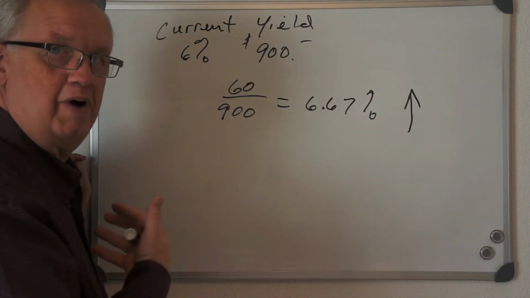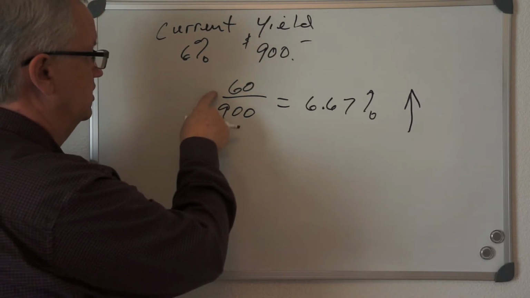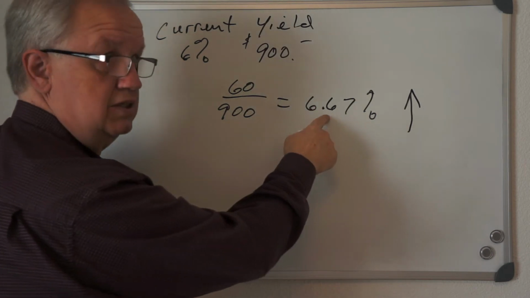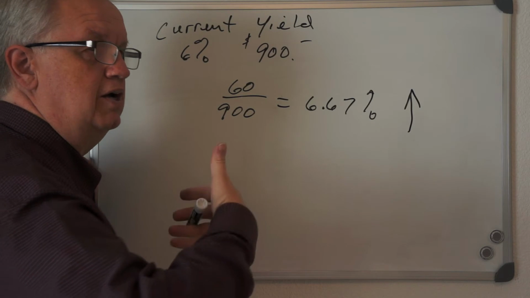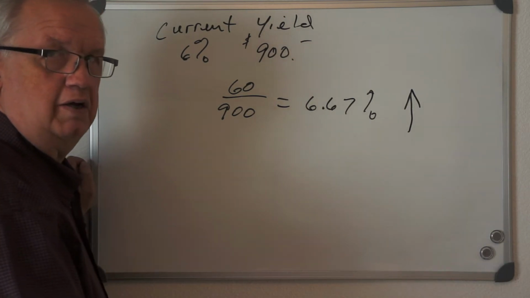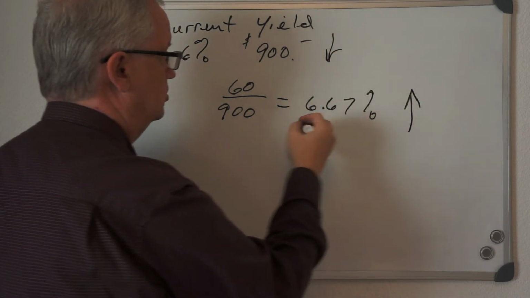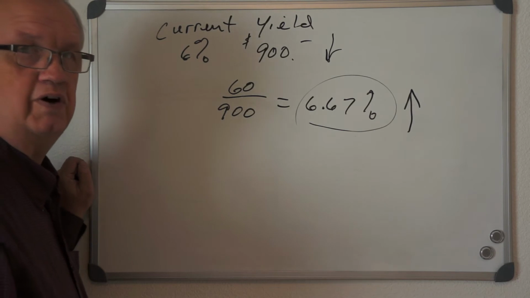Who's going to buy my $1,000 bond for $1,000 if all they're going to get is $60, which is 6%? The marketplace is at 6.67. So the only way somebody can sell that bond in the marketplace is to drop the price so that it is close to what the yields are in the marketplace.